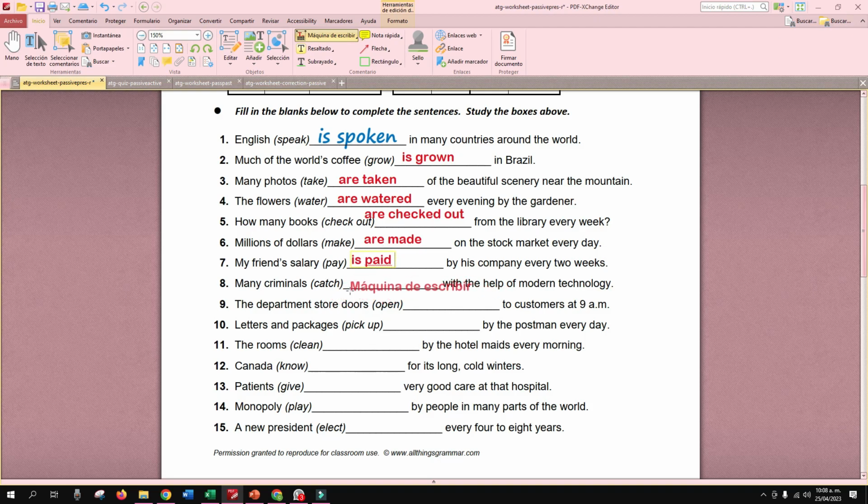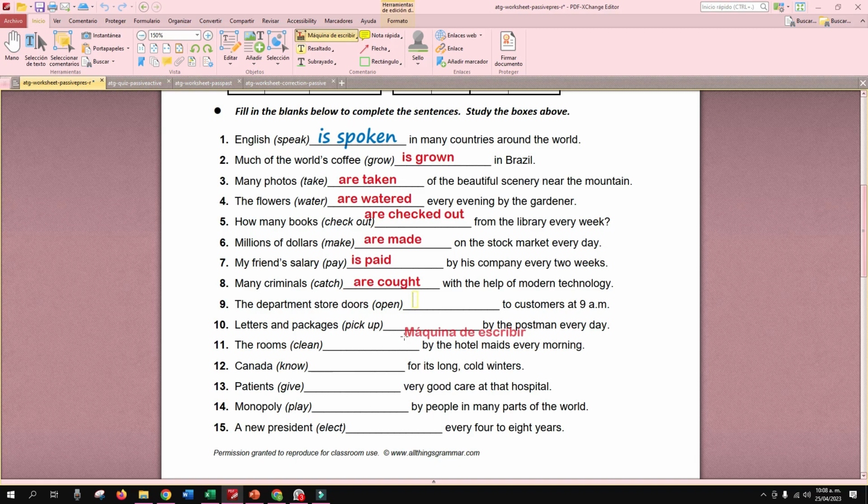Excellent. Many criminals what? Catch. Are caught, excellent, Edwin. Are caught. That is the past participle of that one, right? Are caught with the help of modern technology, right? The department store doors open.